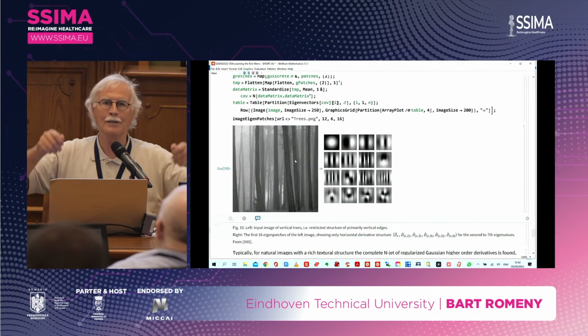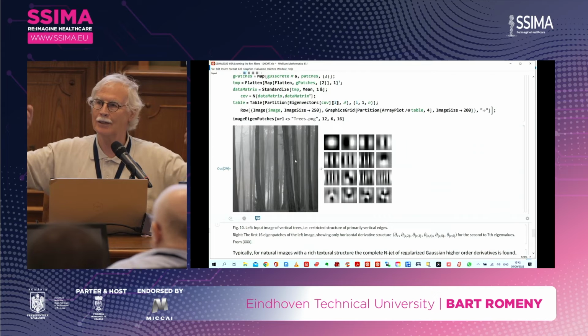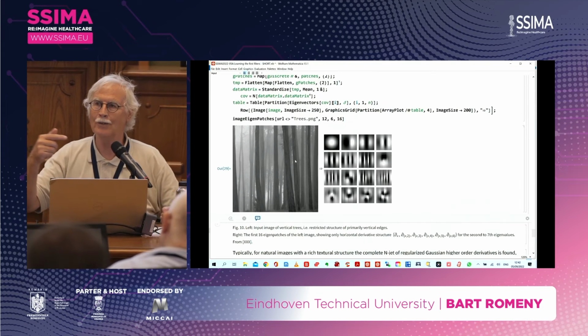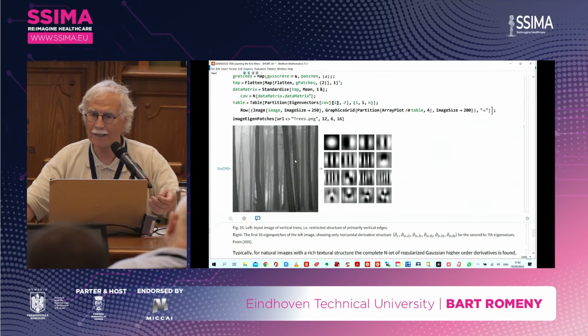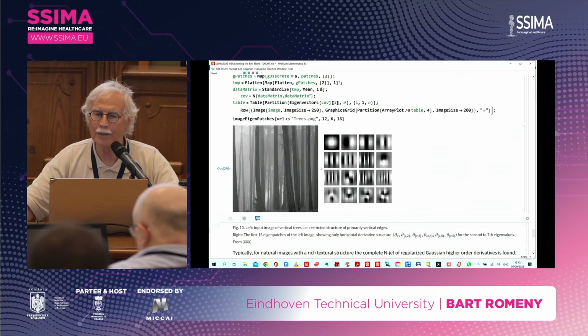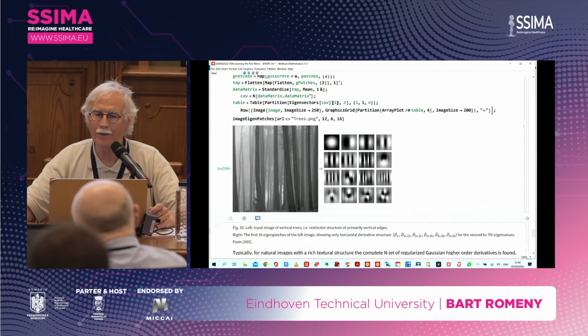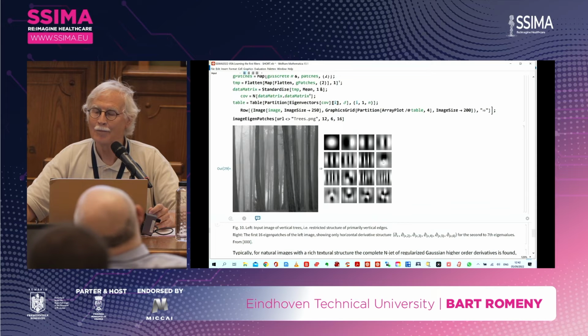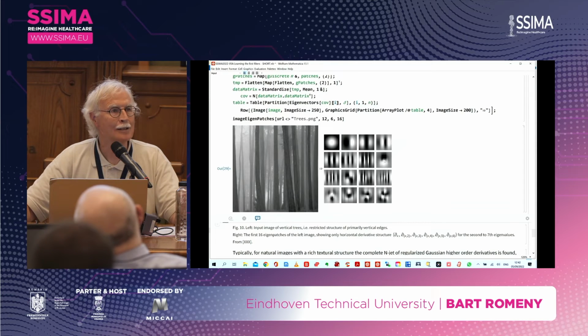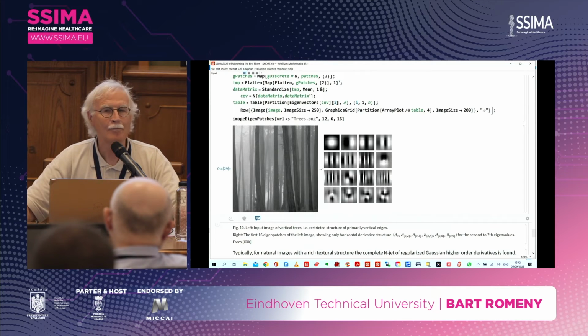If I go vertical, there's nothing changing. So there are no derivatives in the y direction. There's only derivatives in the x direction. And that's exactly what you find. You find the first derivative in the x direction, the second derivative, the third, and only here you find the first derivative. So it matters what you feed in the system.